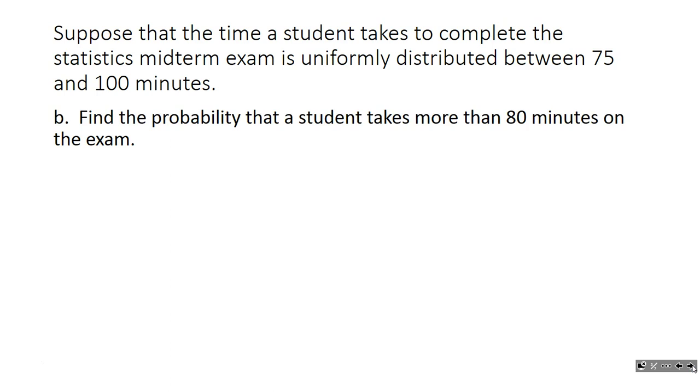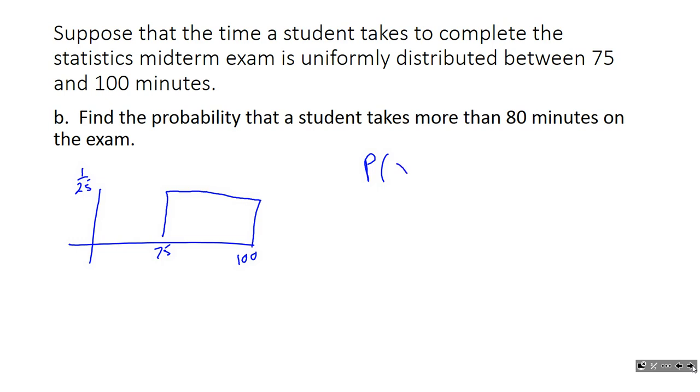Part B is: find the probability that a student takes more than 80 minutes on the exam. Let me quickly sketch what we had on the previous slide. We have our rectangle from 75 to 100, where the height is 1/25. The probability that the student takes more than 80 minutes means x is more than 80.